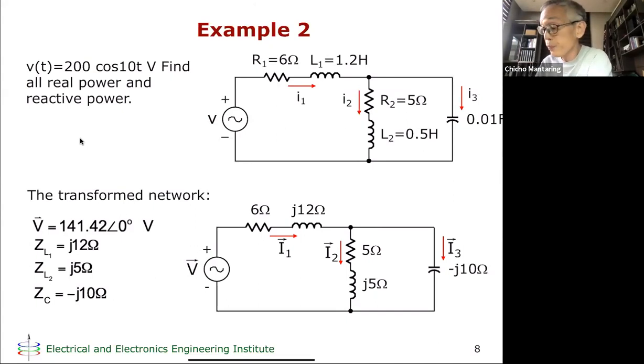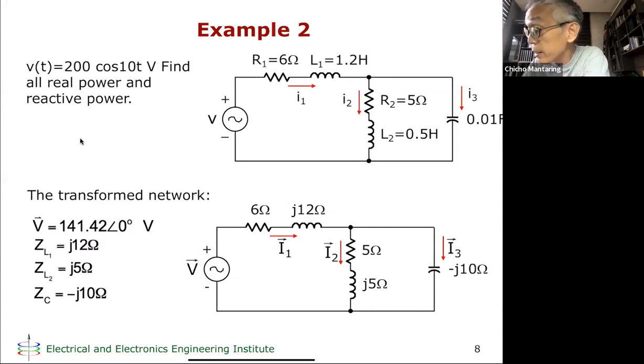So as usual, we first transform the network into the frequency domain. I'm not going to go through that anymore. We know that omega is equal to 10, right? And therefore, what is going to be the impedance of this? This is going to be 1.2 times 10. That's the reactance, so this is j12.